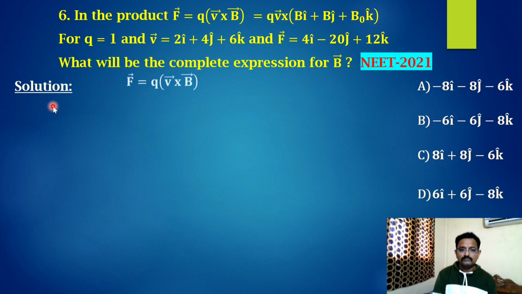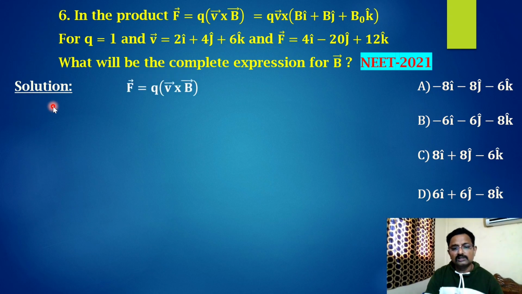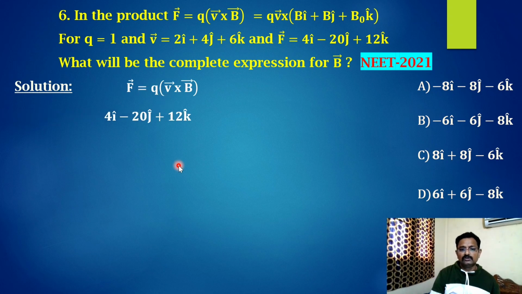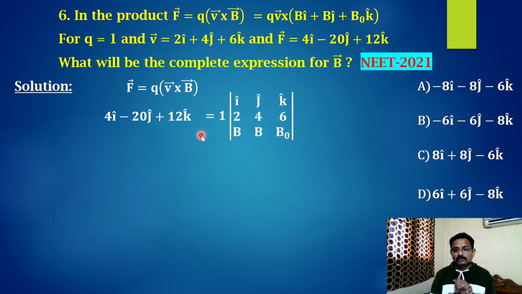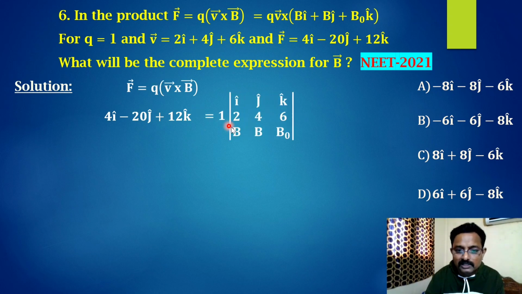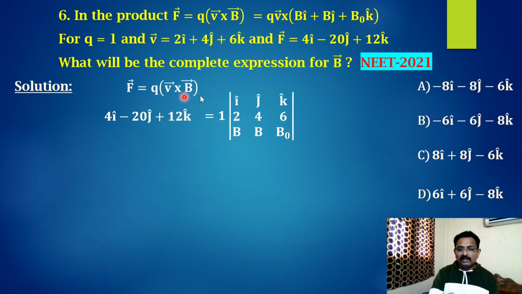Solution. We know that force on the charge is F equal to Q into V cross B. So F given is 4i cap minus 20j cap plus 12k cap, that is equal to Q, which is 1, and V cross B, that is i cap, j cap, k cap, 2, 4, 6.